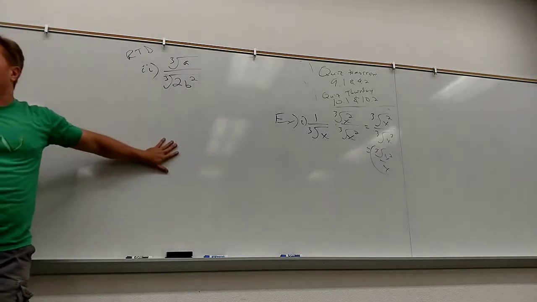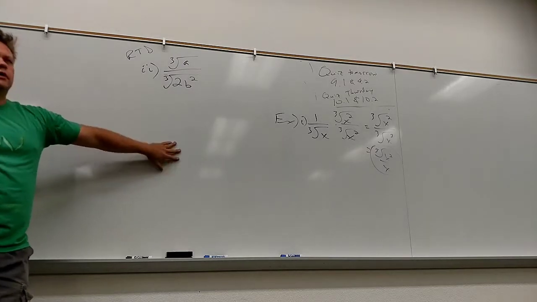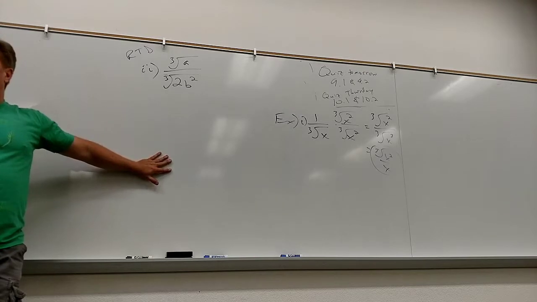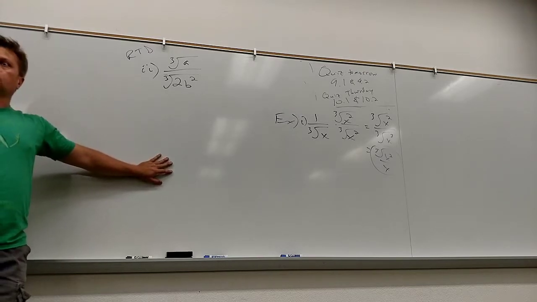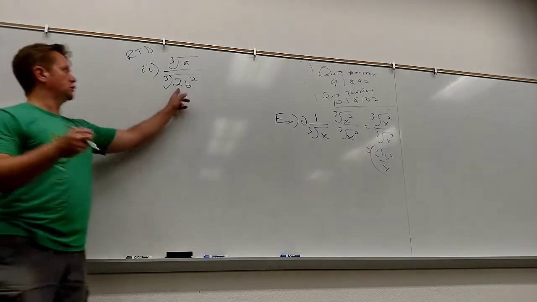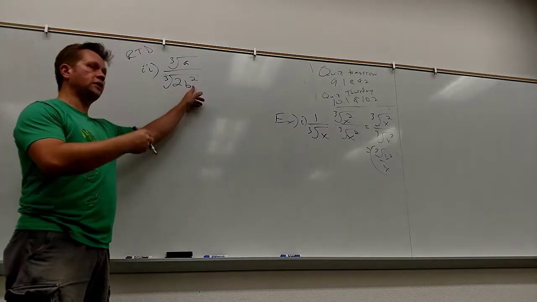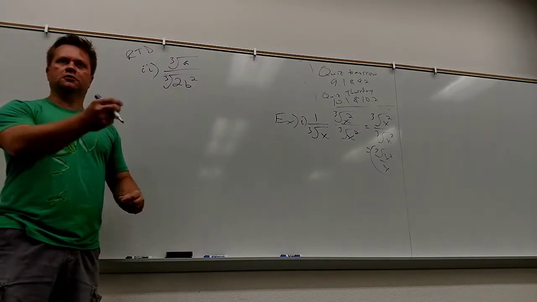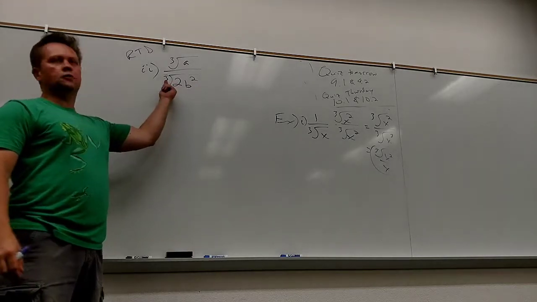So what is the denominator missing? It's missing a b, and it's missing 4. It's missing 2 more 2's. It only has one 2, so it needs 2 more 2's. It's got 2 b's, so it needs 1 more b. That's why I call it complete the root. Make the inside match what this wants.